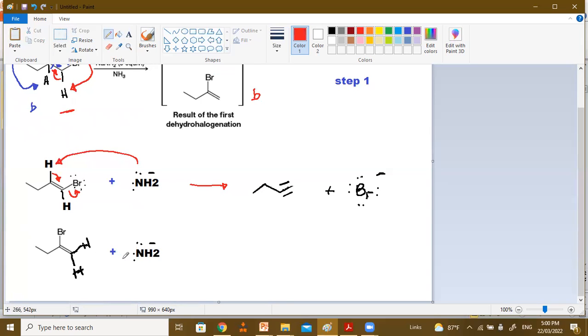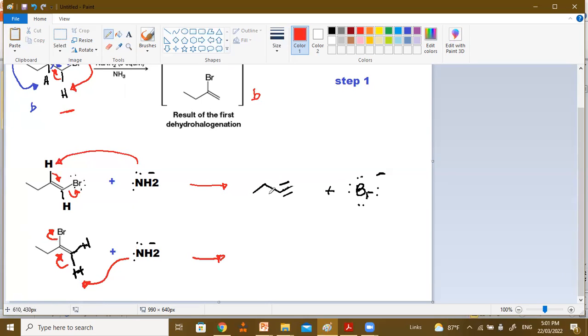If your base will abstract the proton, the electrons in this covalent bond will be used to form a triple bond. And once a triple bond is formed, the C-Br bond will be broken and all the electrons will go to the bromine.